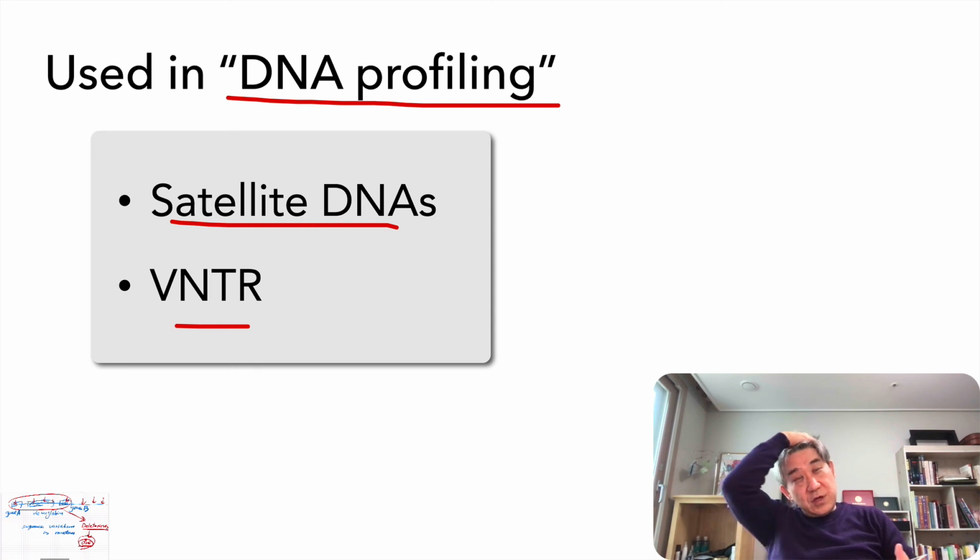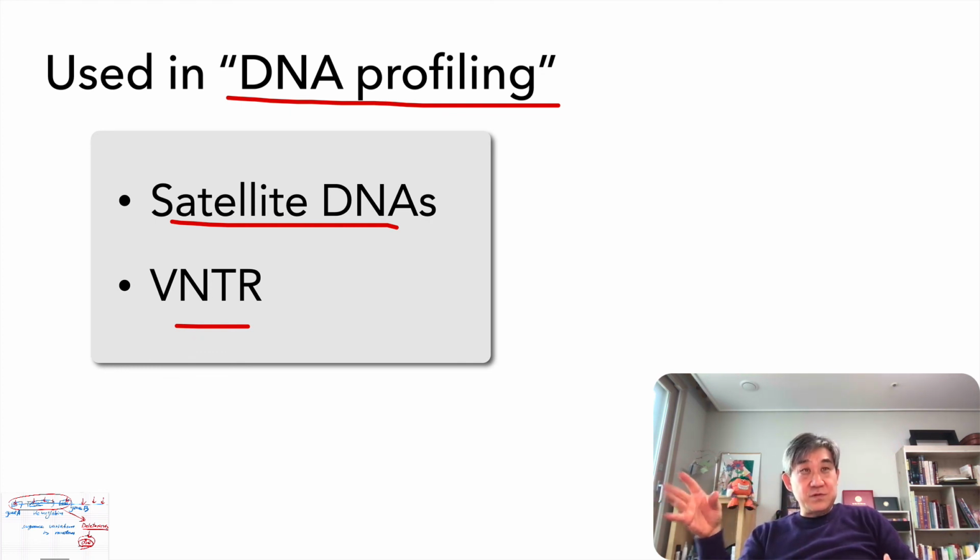I'm mentioning these two terms because they are frequently mentioned in everyday life when it comes to paying attention to the business of DNA profiling. Without even bothering to know exactly what they are, these two segments of DNA refer to highly variable areas of the DNA in terms of DNA sequence.